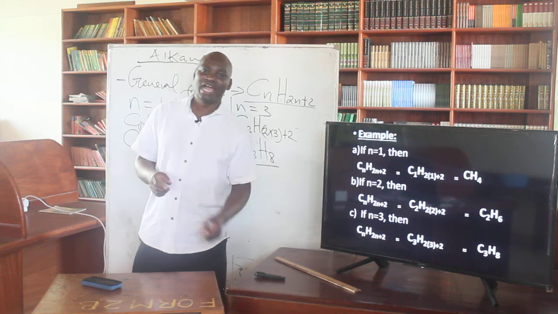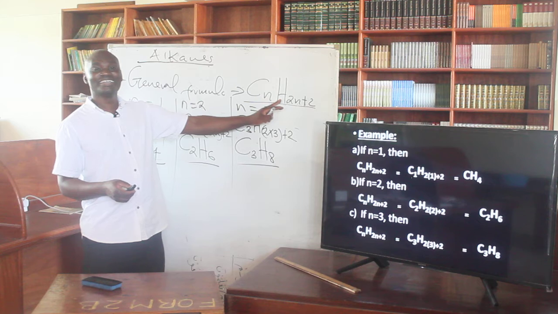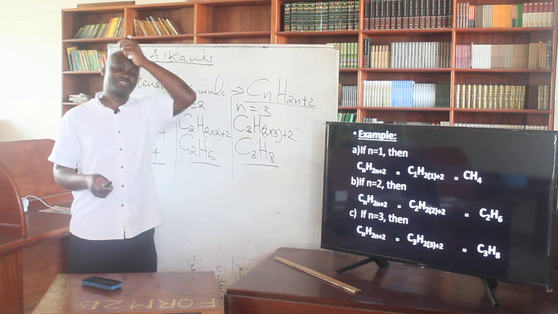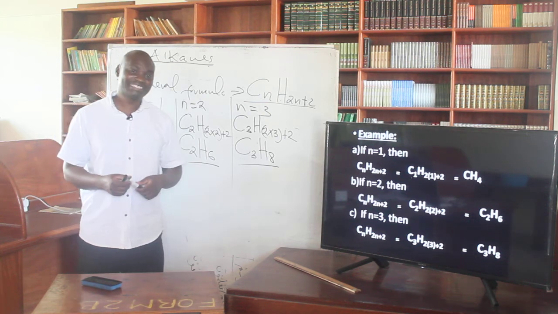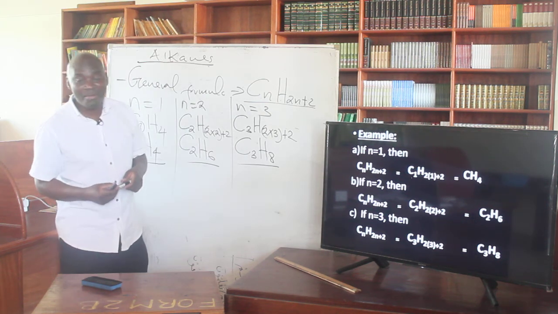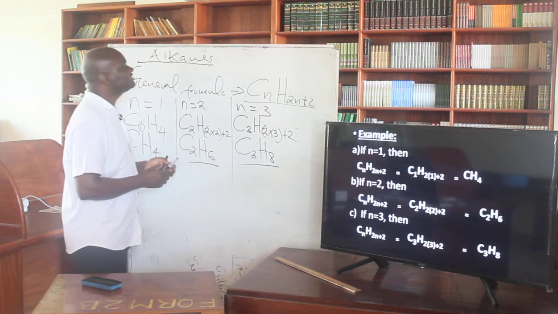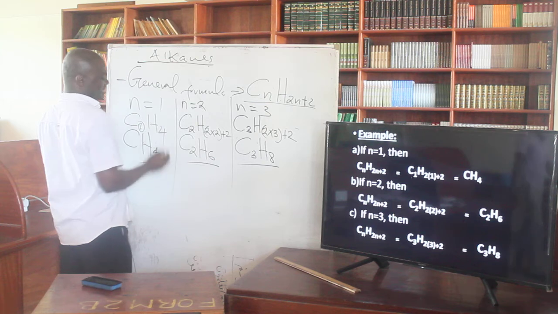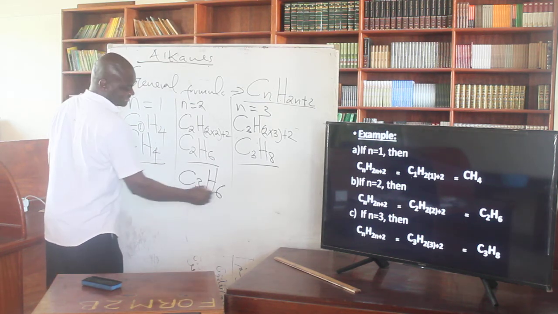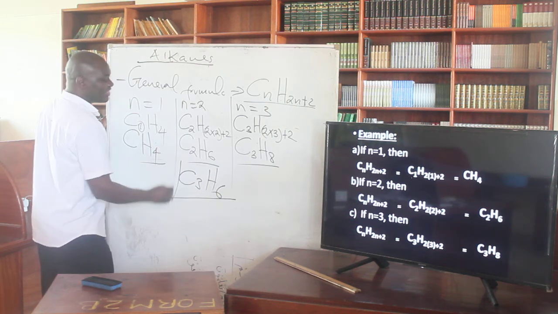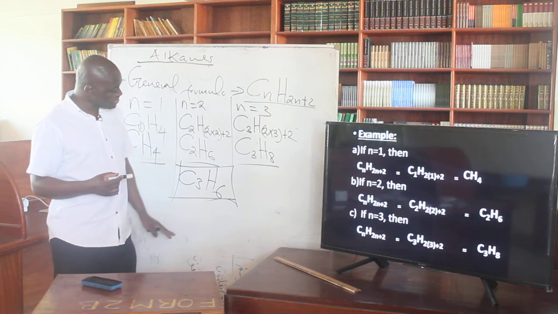They have a general formula of CnH2n+2. For something to qualify to be called an alkane, that particular hydrocarbon must fit this formula. So if you are given something like C3H6, and you are asked whether this is an alkane, you simply need to check the value of n.